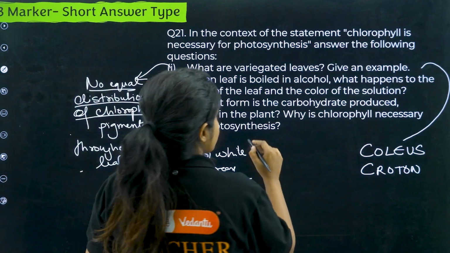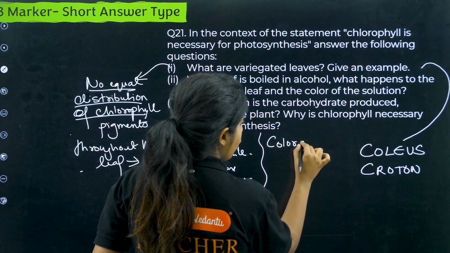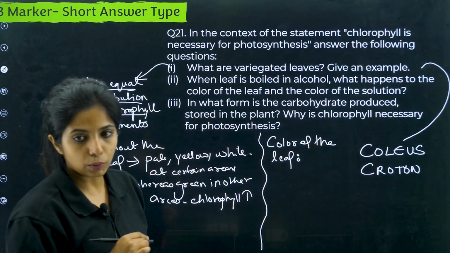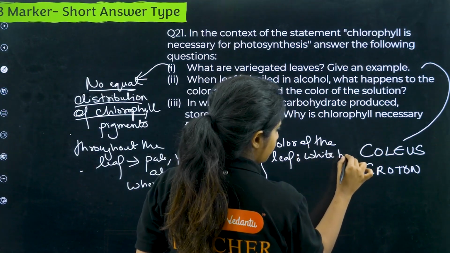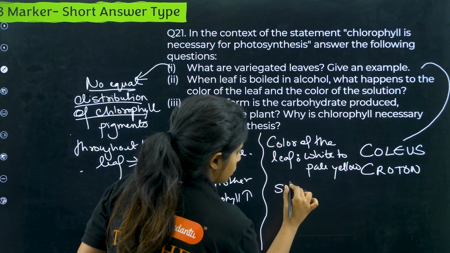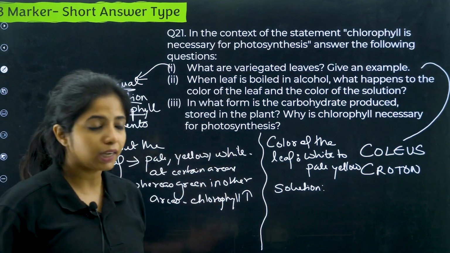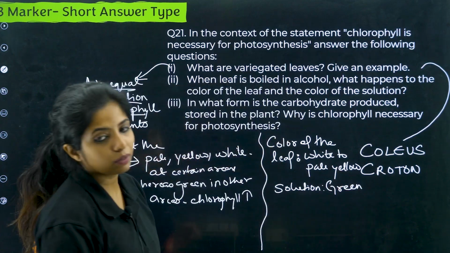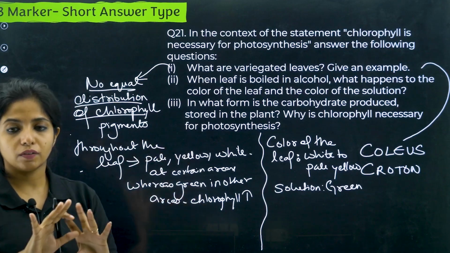So if you are asked about the color of the leaf, it will be white to pale yellow. Whereas for the solution, all the chlorophyll pigments went out and got dissociated, which is why the solution will be green in color. Whenever we are treating with alcohol, just understand the chlorophyll pigments will all be moving out.